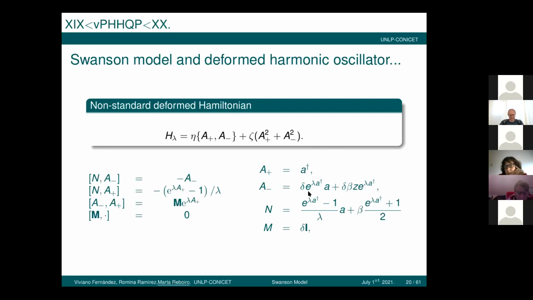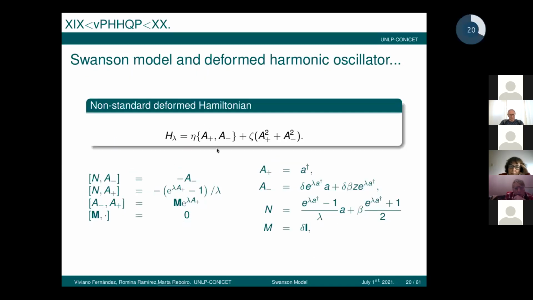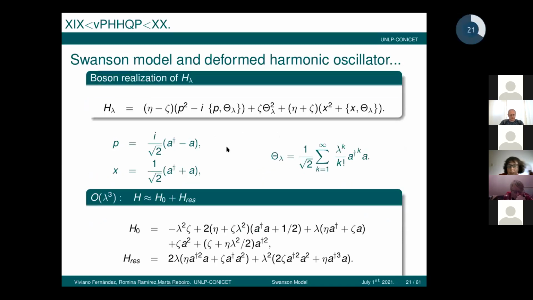Let us take delta equal 1, beta equal 0, so we have what we have done before. And we map this Hamiltonian again in terms of the usual operators for the harmonic oscillator. And we end up also with this expansion in terms of the boson operators of the harmonic oscillator.